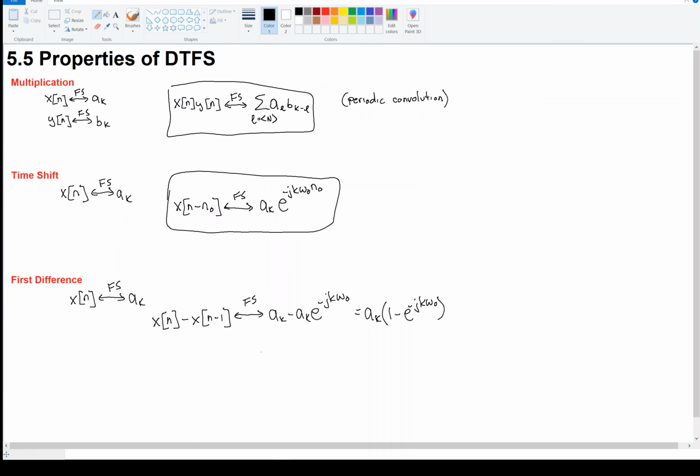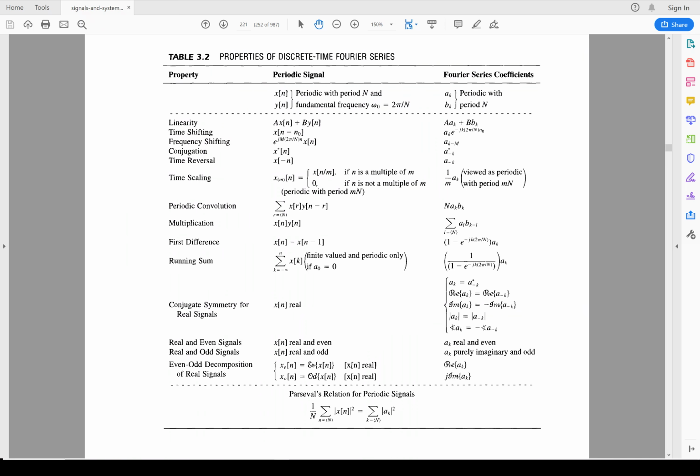Now, reference materials like textbooks will often have tables for your convenience. Here's Table 3.2 in Oppenheim's Signals and Systems, 2nd edition textbook, and you should be familiar with these properties. Suppose x[n] is periodic with period N and has Fourier series coefficients a_k, and y[n] has Fourier series coefficients b_k.